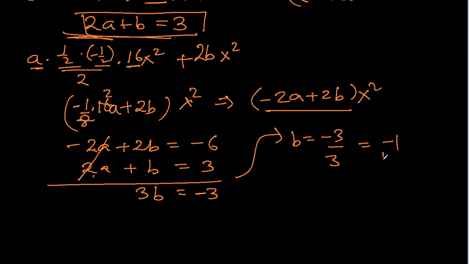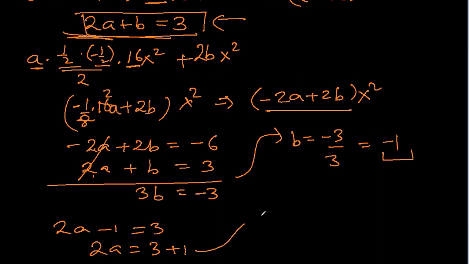And let's substitute this minus 1 in one of the equations. Let's substitute here in the first one only. We'll get the value of a. 2a and b is now minus 1 equal to 3. 2a equal to 3 plus 1, and if it goes there, 2a equal to 4. a will be 4 divided by 2, and 2 is the answer.